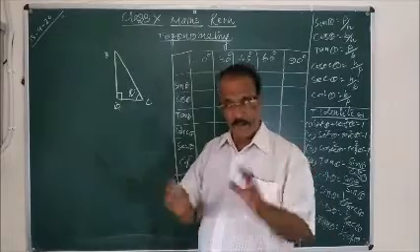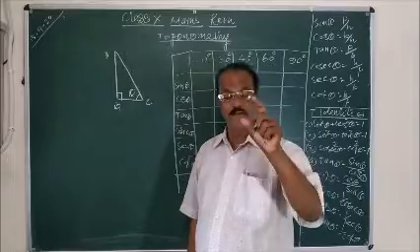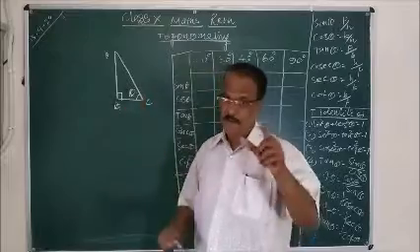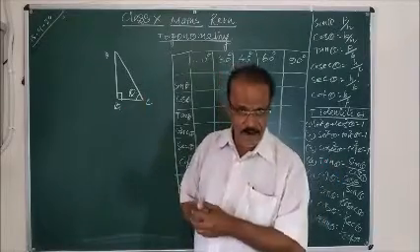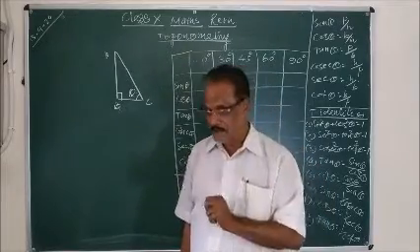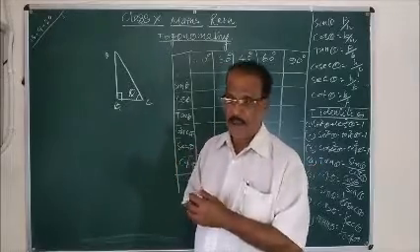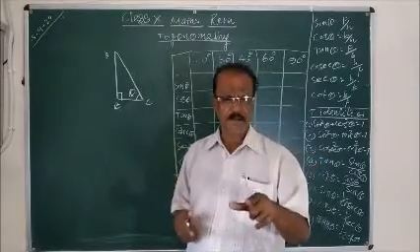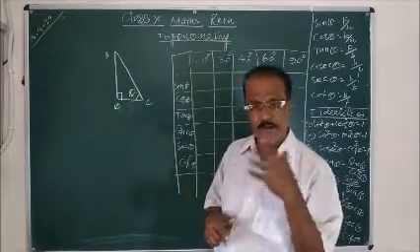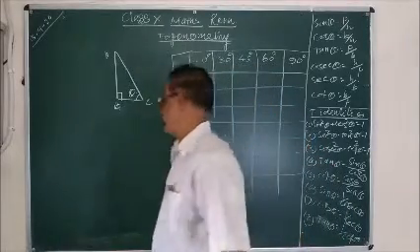It's very simple because of the angle sum property: the sum of all angles should be 180 degree, and one angle is 90 degree. Therefore, the sum of the other two angles will be 90, and each angle will be less than 90, meaning acute angle. Here we limit ourselves to acute angles. For more than 90 degree, you will learn in class 11.